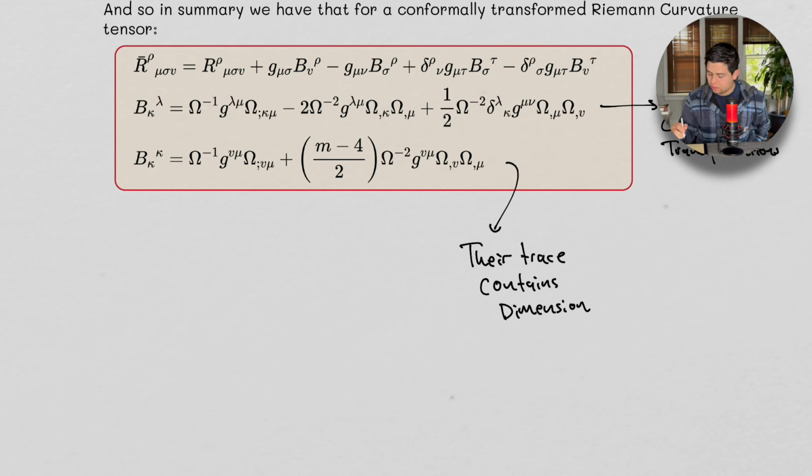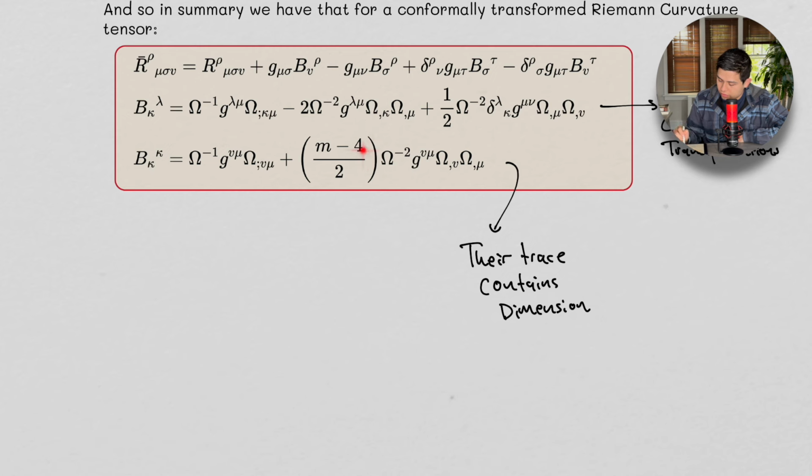So you can imagine, if we're in space-time, this reduces down a bit more, because in space-time our dimensionality is 4. So 4 minus 4 is just 0. So all of this is going to go to 0, and we just get this right here. But if our dimensionality is bigger than 4, then we have this additional term, and the square inverse of this conformal transformation begins to take hold.